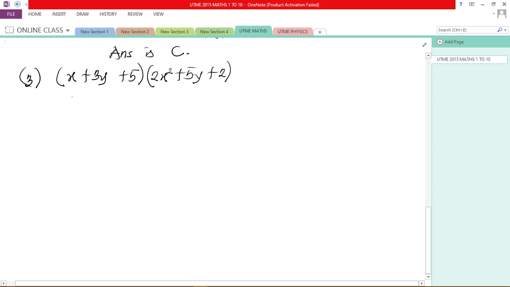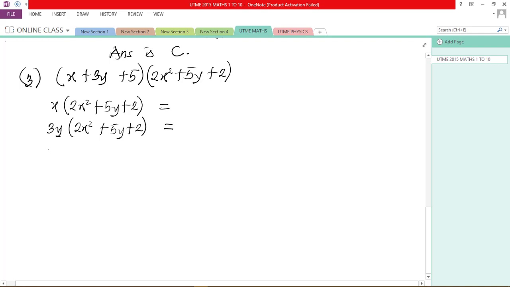To me, I don't multiply like this. What I just do is, I will say that, okay, x times 2x squared plus 5y plus 2, that will give you something. Then take 3y. 3y times 2x squared plus 5y again plus 2.